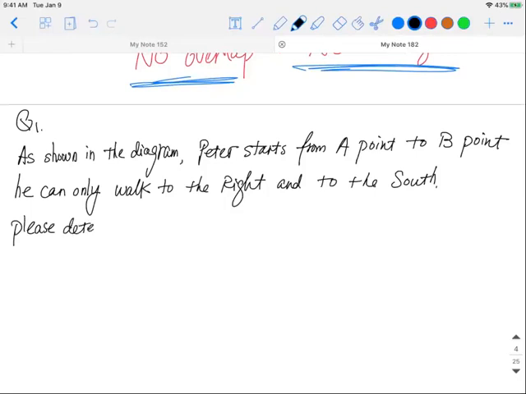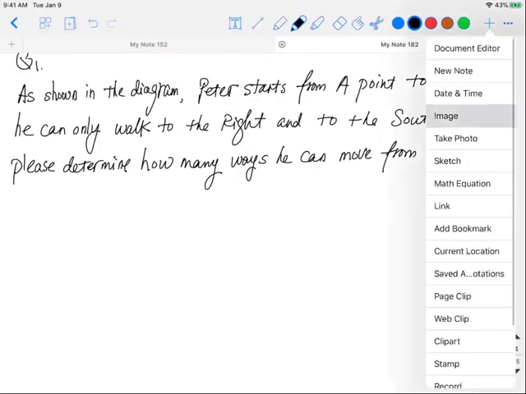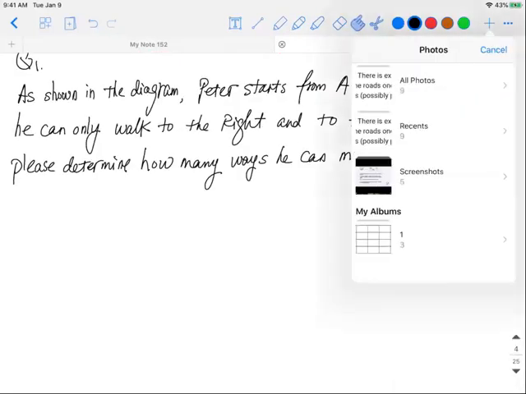Please determine how many ways he can move from A to B. I'll give you the graph here.